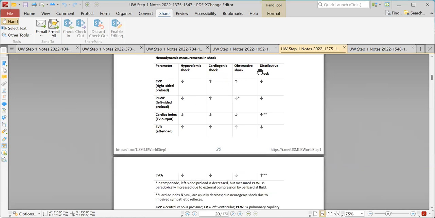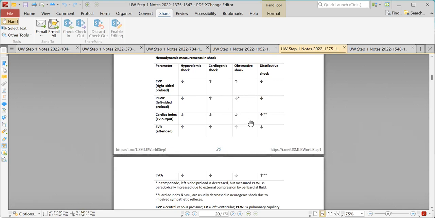Okay, so what's happening in obstructive shock? Obstructive shock is seen in tension pneumothorax. What happens in this obstructive shock is there is a decrease in the pulmonary capillary wedge pressure. In pulmonary embolism, there's a blood clot in the pulmonary arteries, so the blood is not able to flow to the heart, and there is a decrease in the pulmonary capillary wedge pressure.